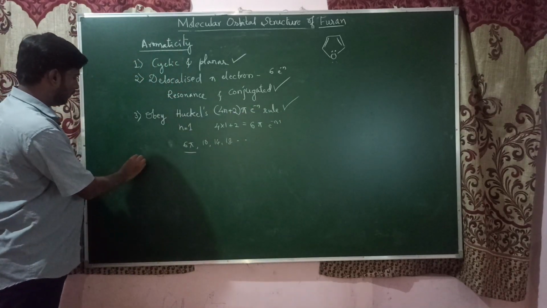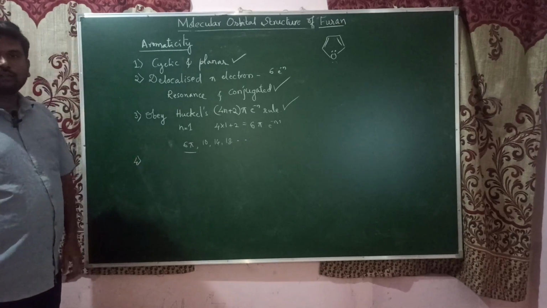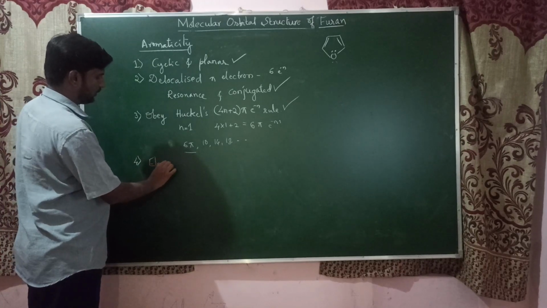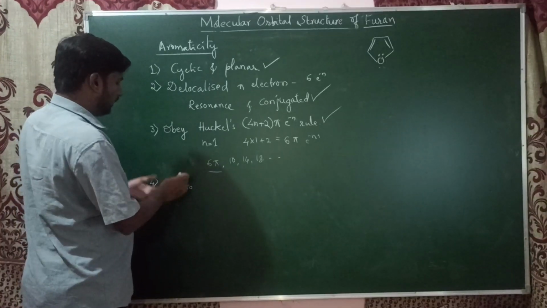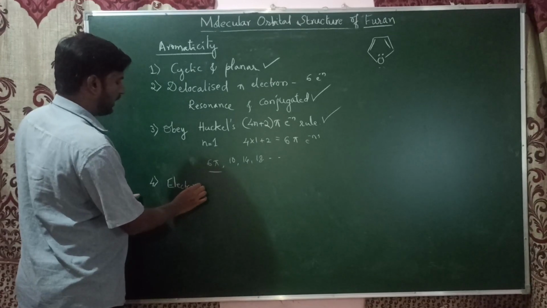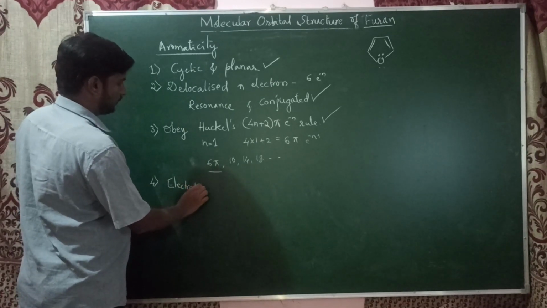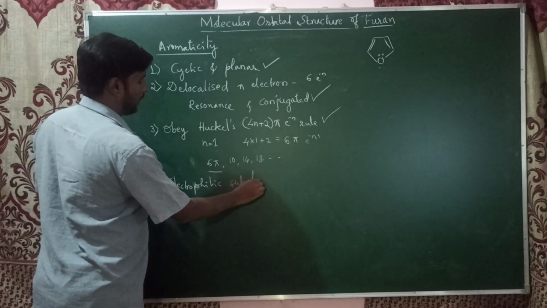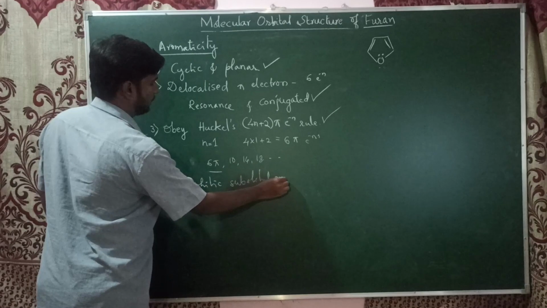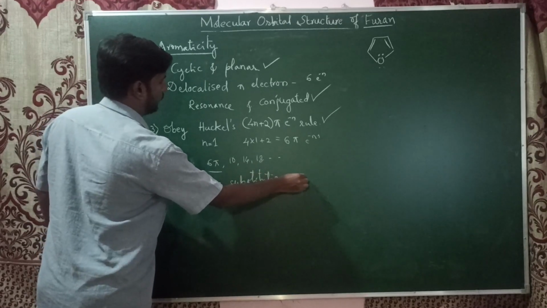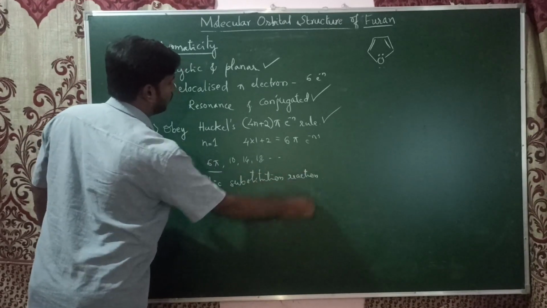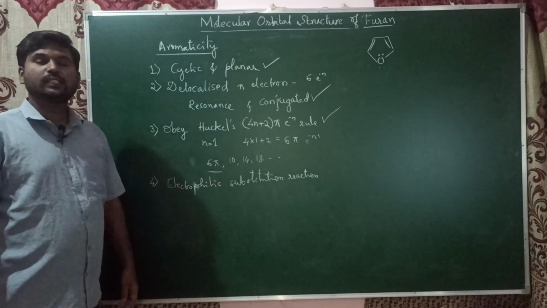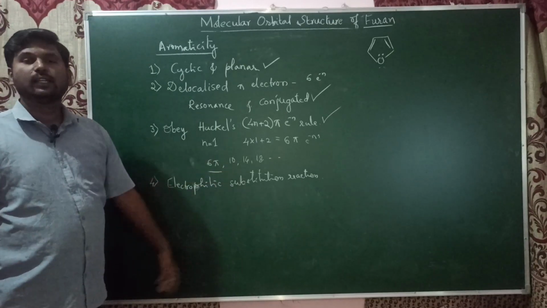And when it comes to the fourth one, the compound should undergo electrophilic substitution, because for an aromatic compound it is one of the characteristic properties. Electrophilic substitution is nothing but the replacement of a proton or hydrogen with an electrophile.